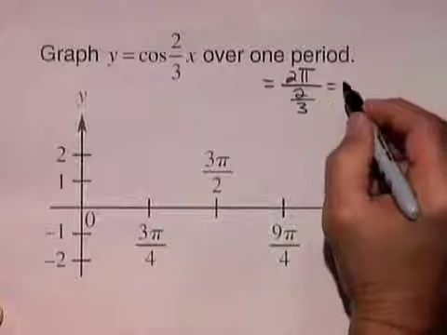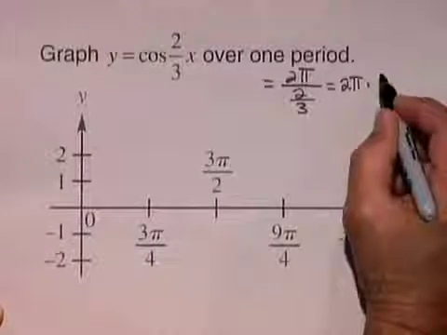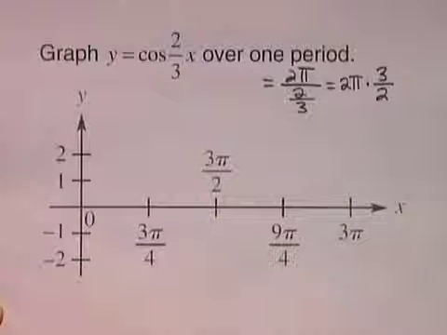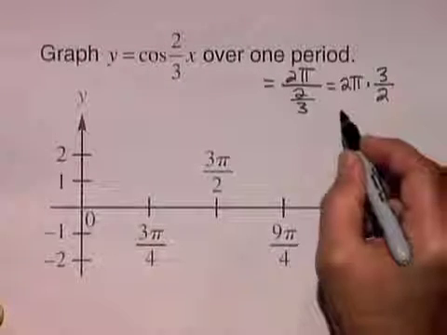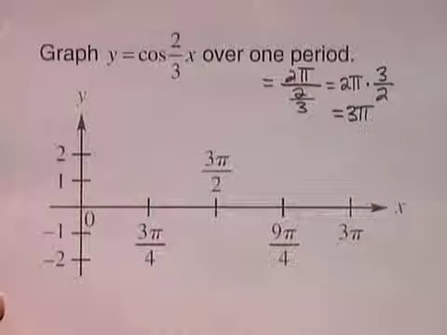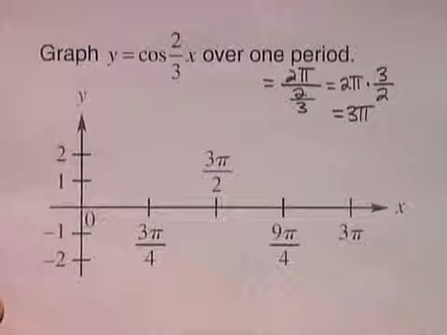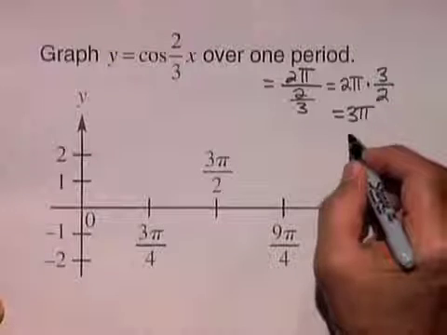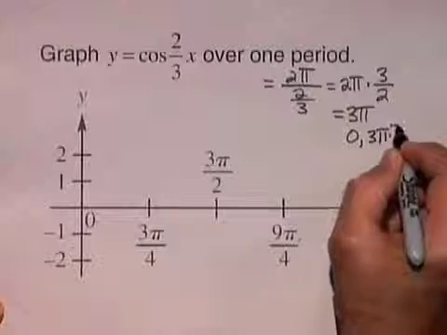So this would be equal to 2 pi times the reciprocal of 2/3, or 3/2, and therefore the period is 3 pi. So we would have one full cycle in the interval from 0 to 3 pi.